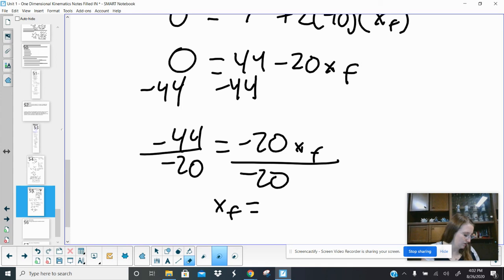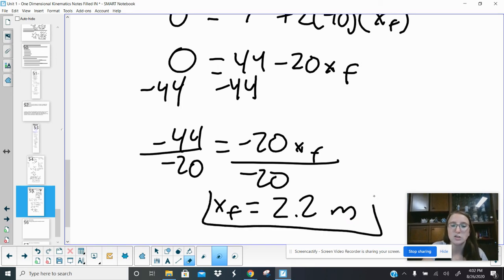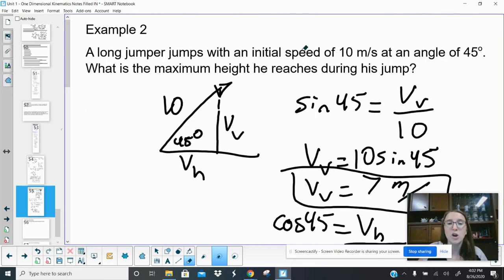Let's see what this gives us. 49 divided by 20 gives us a final position of 2.45 meters. So that is his max height. Because we didn't know the time it takes to get there, that's why we use the timeless equation. And we only focused on the vertical velocity because that is the component affected by gravity.